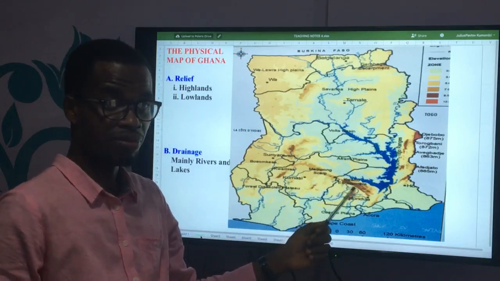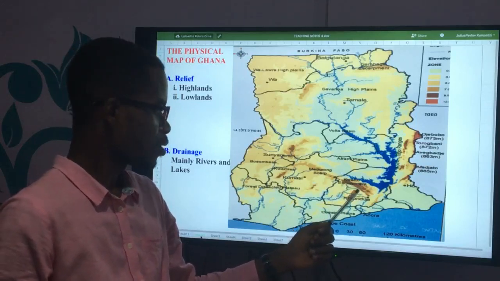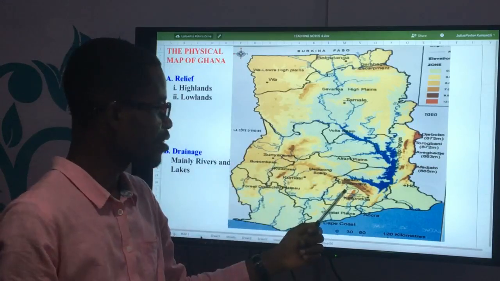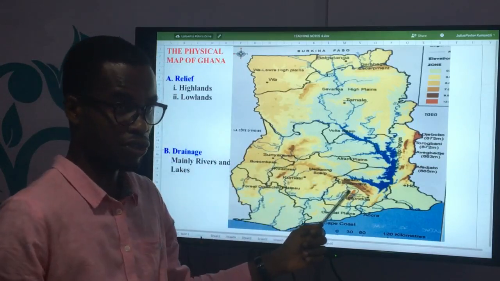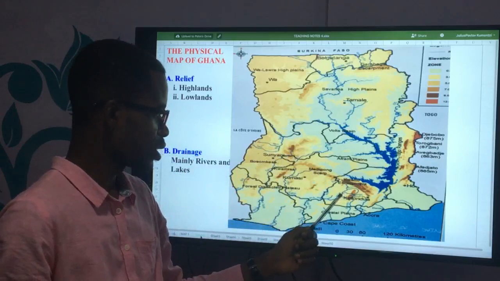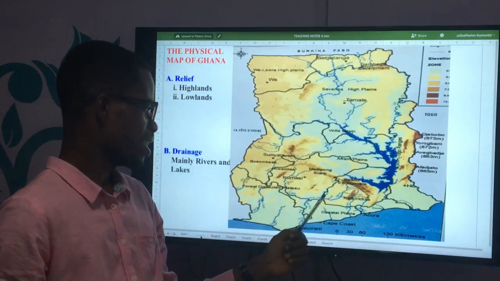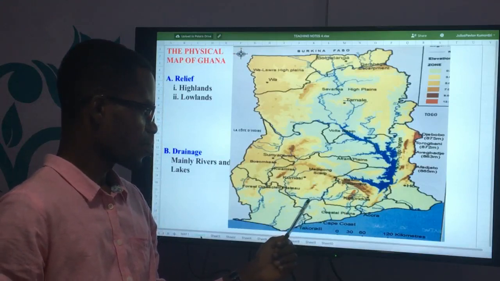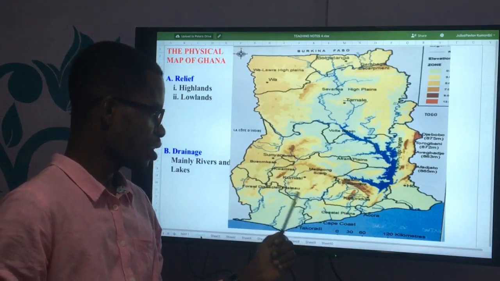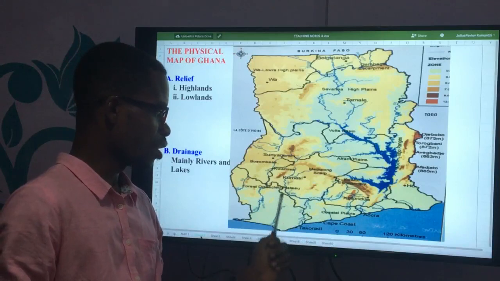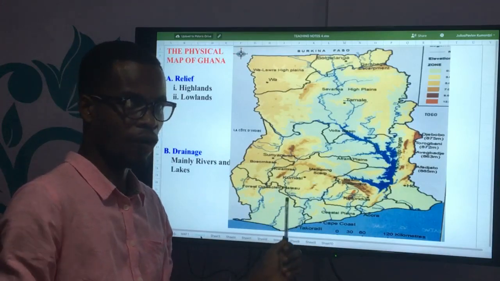River Birim, capital B-I-R-I-M. We'll be looking at some of the rivers anyway, and we'll talk about the river song, a popular river song that most of you know. Then Birim meets with Pra, and then Ofin, also around the area in Dunkwa on Ofin.